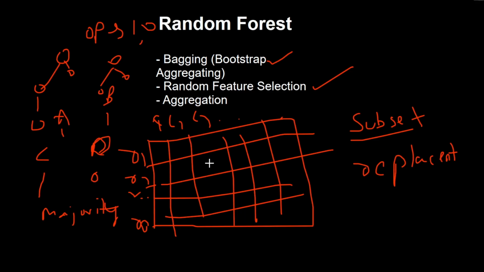Just because we chose random features, the correlation between the trees is also reduced. This in turn reduces the overfitting problem in the traditional decision tree.